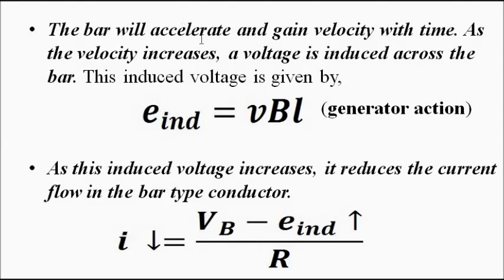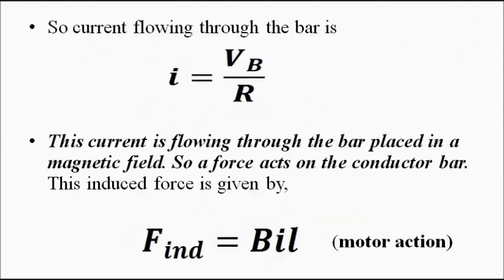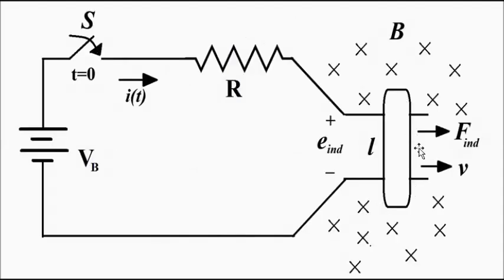Now because the bar moves, a current carrying conductor placed in a magnetic field experiences a force, and that tends to move this bar. Gradually it will gain some velocity, and the velocity will increase.